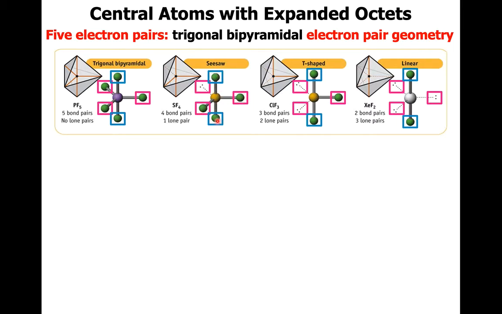And then what's left here, if we look just at the atoms, is a seesaw shape. Next, an additional lone pair also goes into an equatorial spot. 3 bond pairs, 2 lone pairs. So this is T-shaped. And then 2 bond pairs, 3 lone pairs. All the lone pairs always for trigonal bipyramid go into the equator, and so what's left is a linear molecule here.